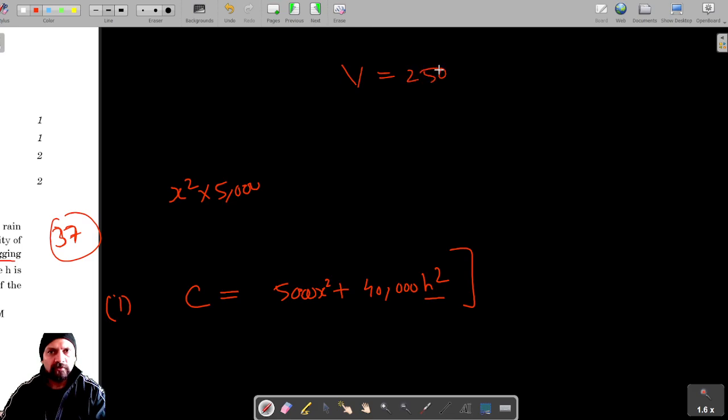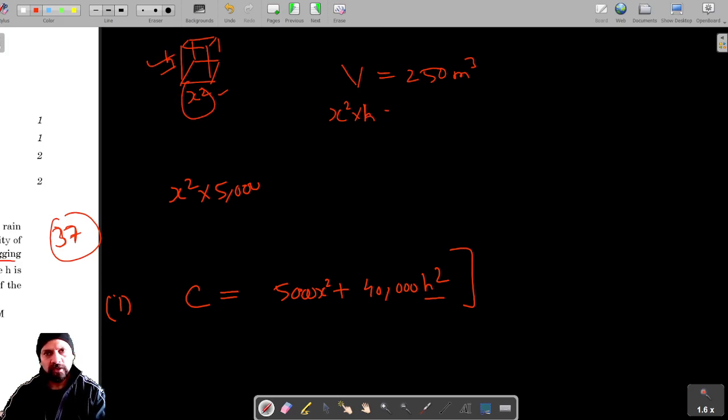So volume is 250 meter cube, and volume of the tank, this is a tank with a square base, and area is x square, height is h. So the volume is x square into h. So this is the tank with the base x square and height h.